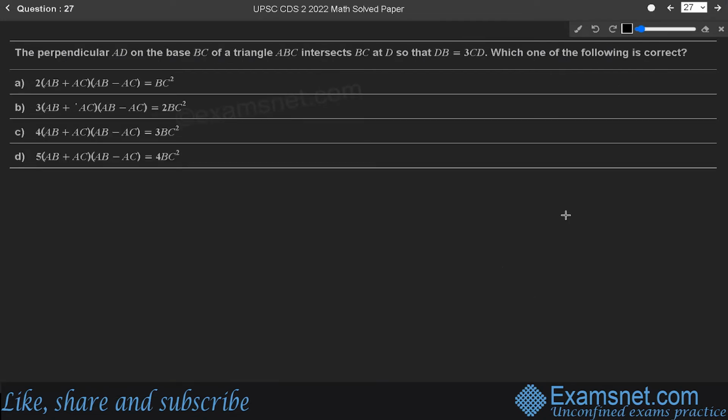Moving on to the next question. The perpendicular AD on the base BC of a triangle ABC intersects BC at D so that DB is equal to 3CD. Again, there is a right angle triangle ABC. Let this be the triangle ABC. And since the perpendicular AD is on the base BC, it forms two right angle triangles, which is ABD and ADC.